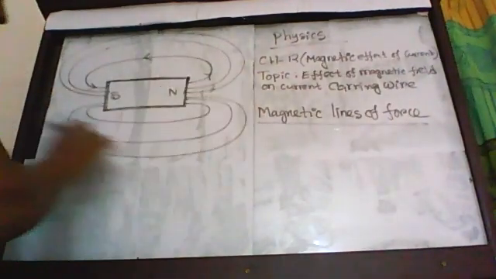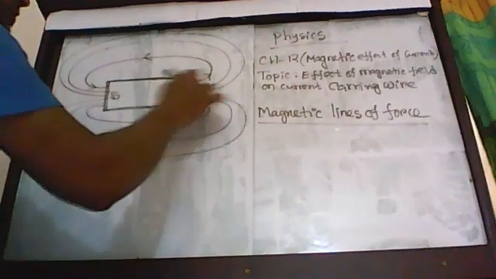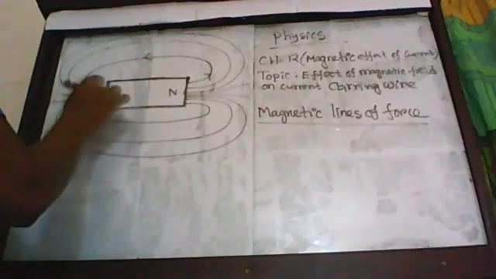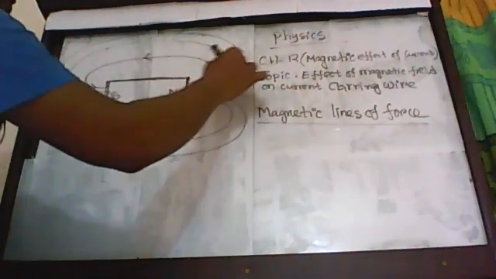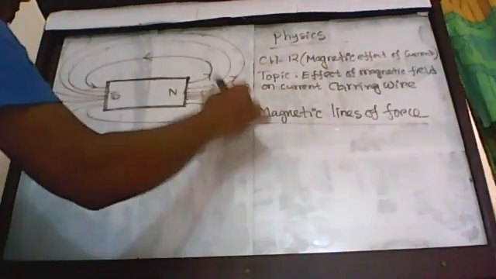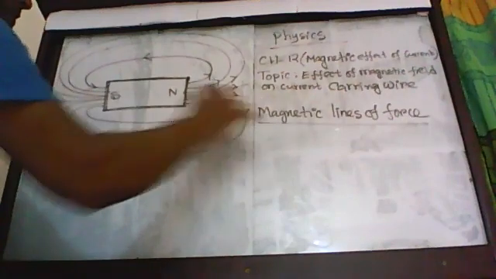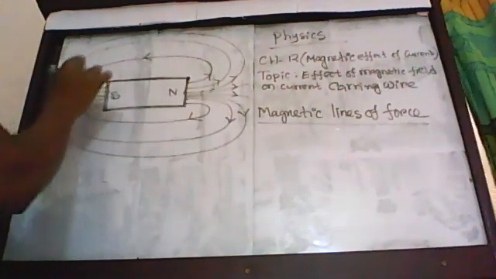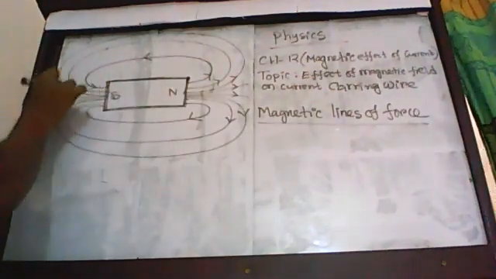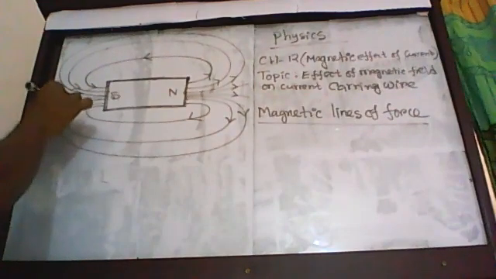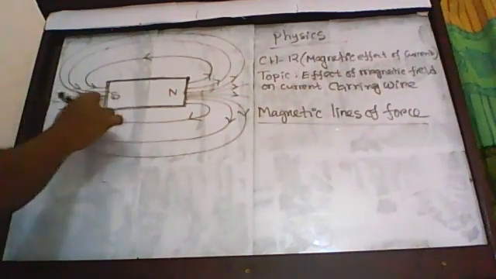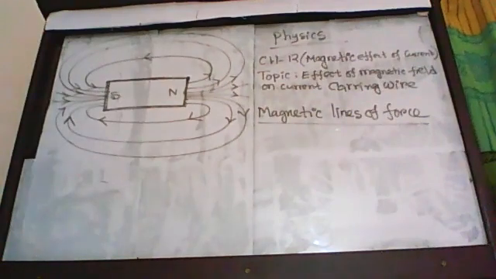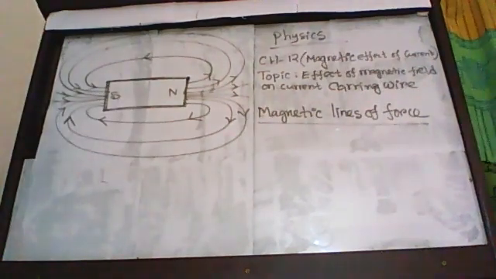This imaginary line goes out from the north pole and enters the south pole.